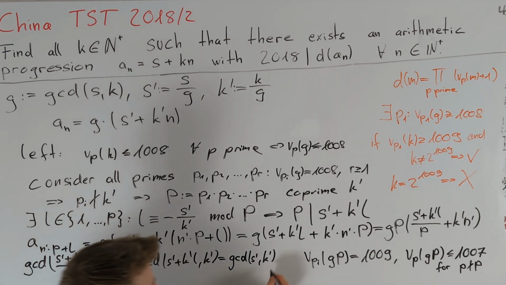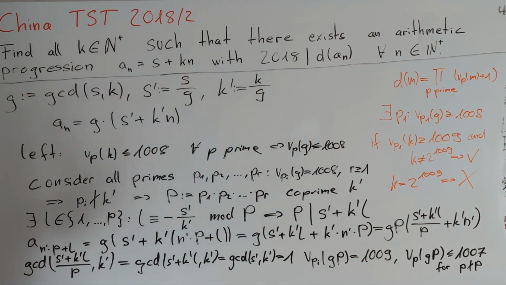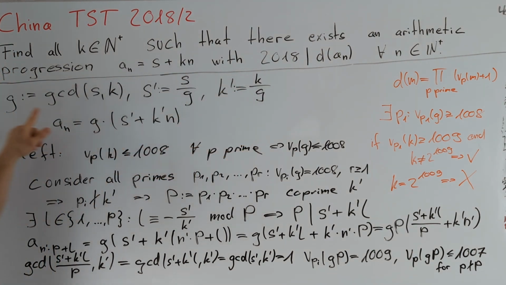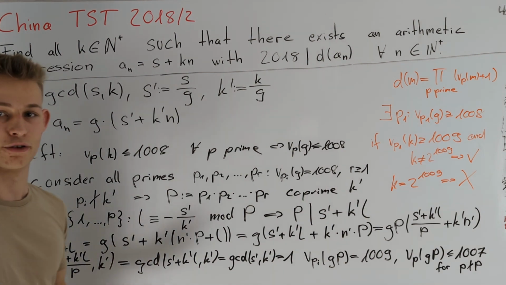Now we know that this is equal to 1 because we already assumed in the beginning that s prime is equal to s divided by g and k prime is k divided by g, where g is the greatest common divisor of s and k. So indeed, (s prime plus k prime L) divided by P and k prime are co-prime integers, and therefore we are done.